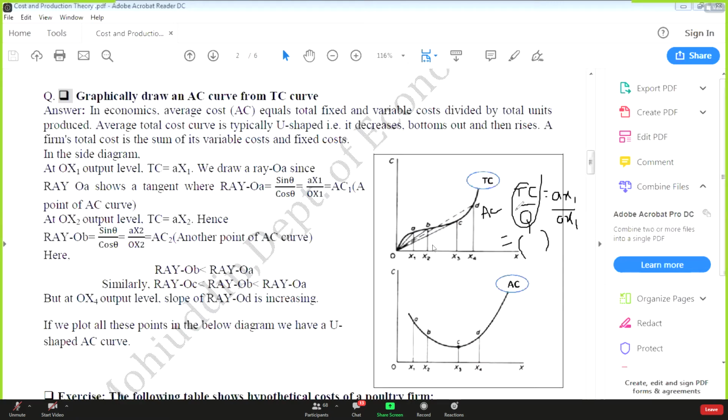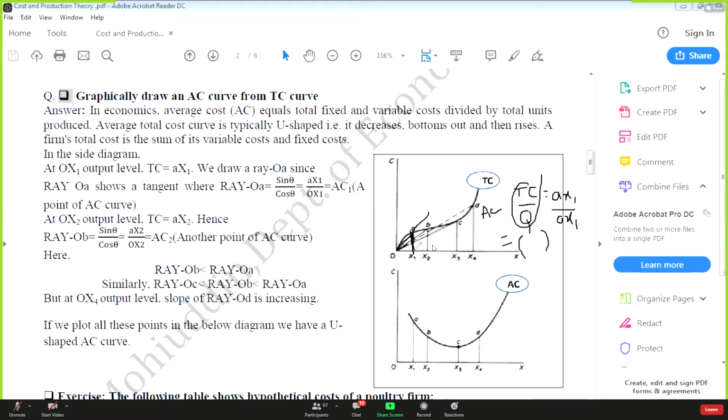To show it clearly, I draw a ray from the origin. This is the ray OA. Again, I am drawing the ray.